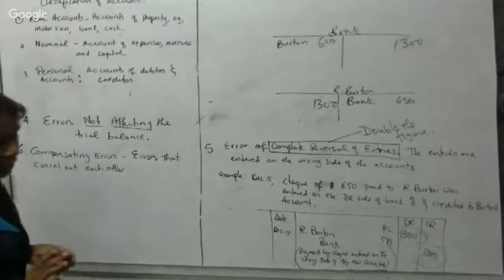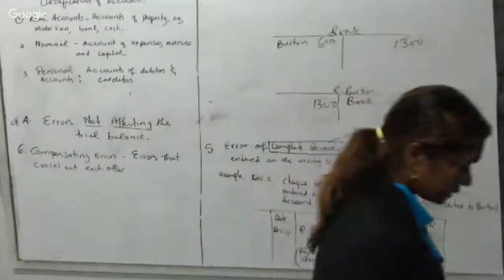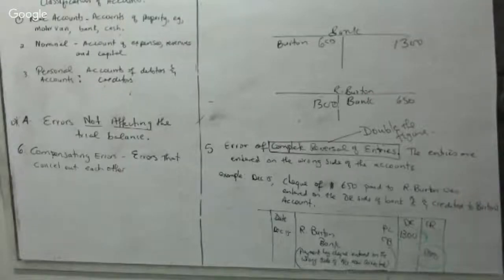The nature of the errors that have been made are such that one cancels out the other. So it's like you have overstated an account that has a debit balance by $10, but at the same time, you overstate an account that has a credit balance by the same amount.